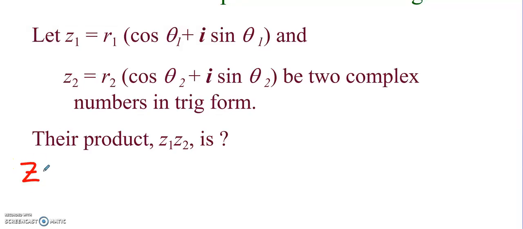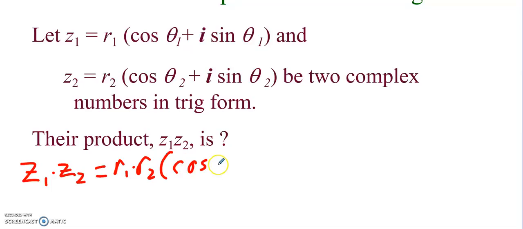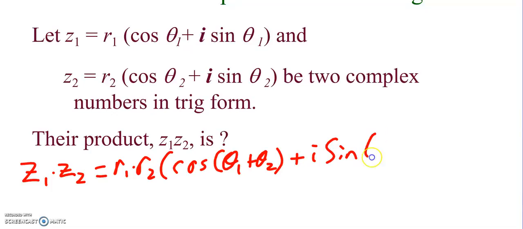So z1 times z2 is going to be the product of the r values, so r1 times r2, and then it's going to be the sum of the angles. So cosine of theta 1 plus theta 2 plus i sine of theta 1 plus theta 2.